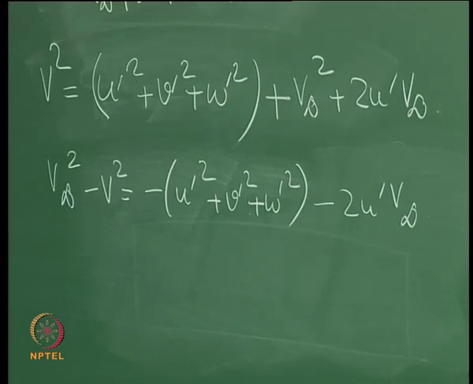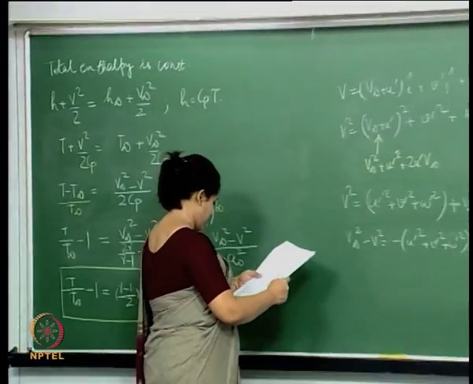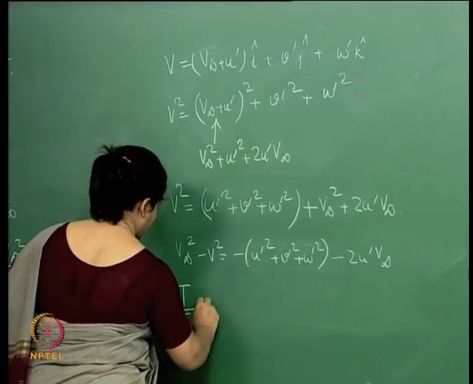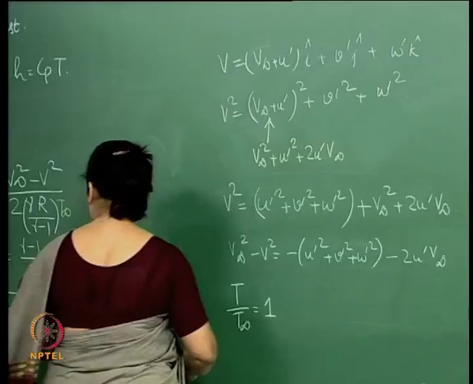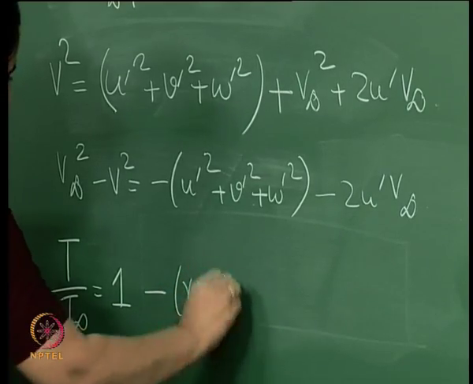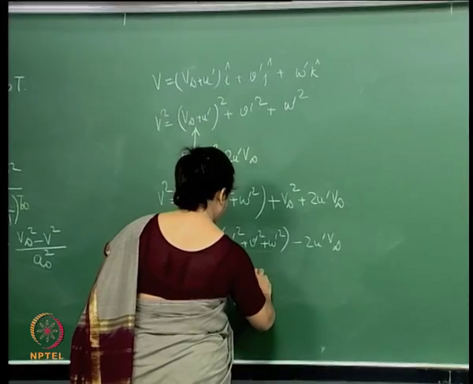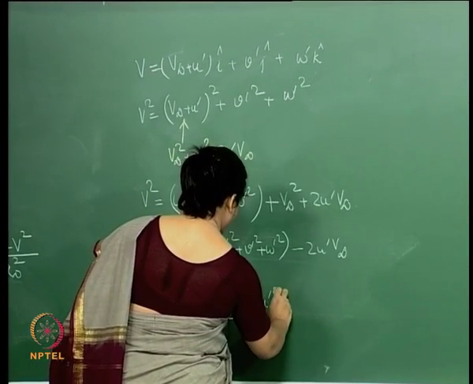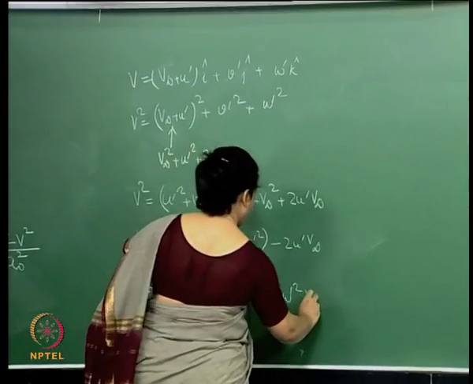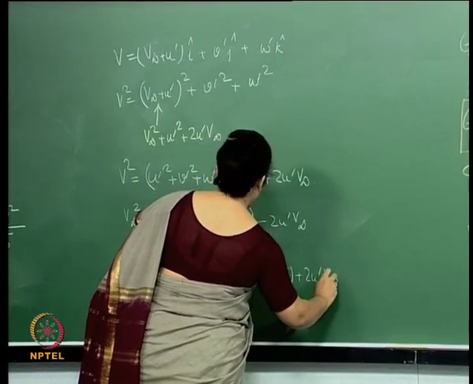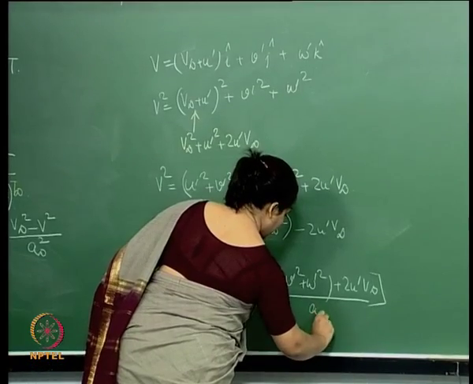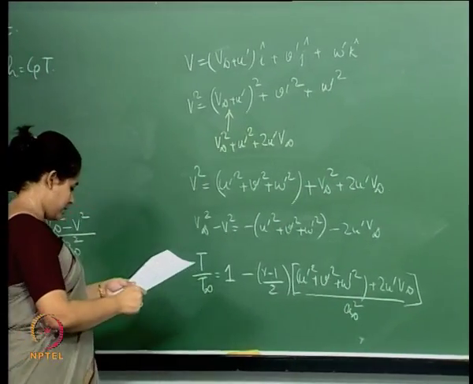So therefore our term here, T by T infinity, then becomes, I take the 1 to the right hand side, and so the whole thing becomes negative this, divided by a infinity squared.